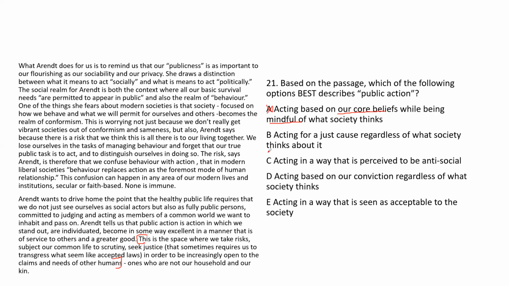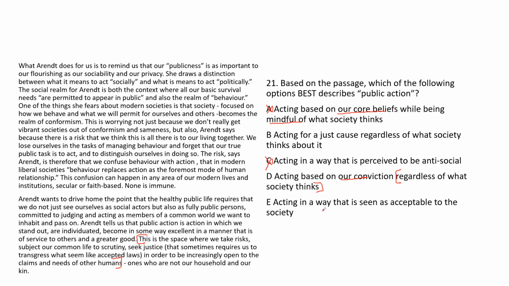Option C, acting in a way that is perceived to be antisocial. Not necessarily, the author doesn't discuss that this is always antisocial. Option D, acting based on a conviction regardless of what society thinks. We can still hold it, but this part, regardless of what society thinks, is out of context, but let's hold it for the time being.